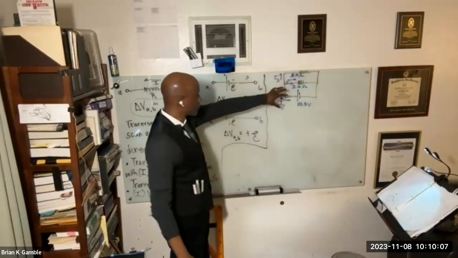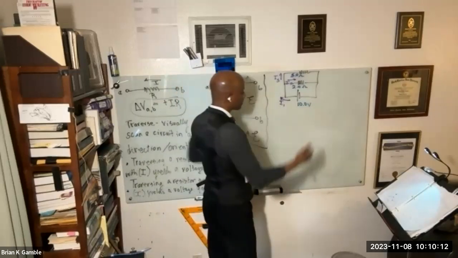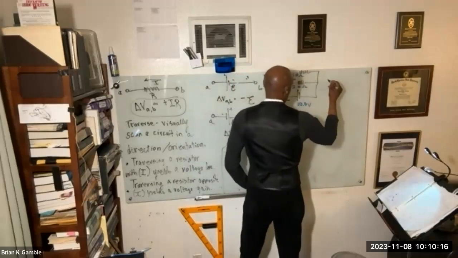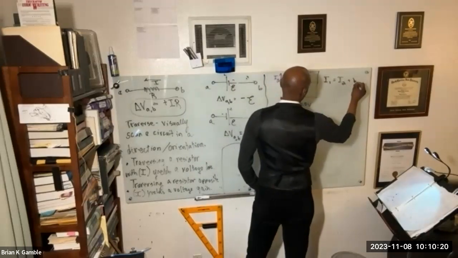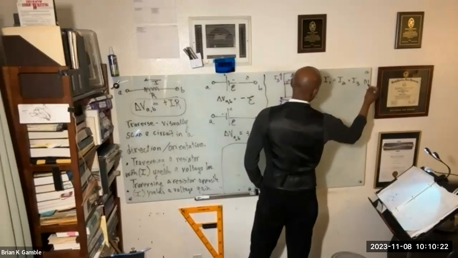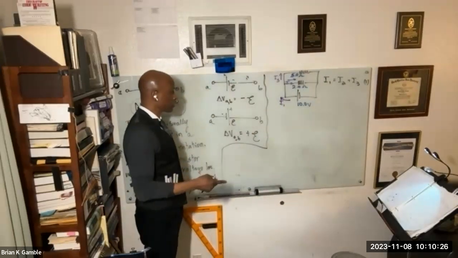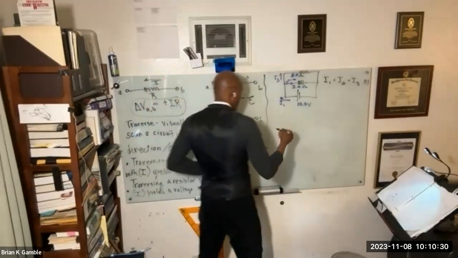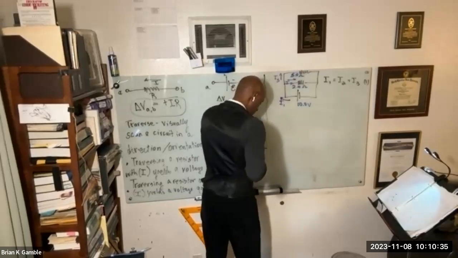Out of this circuit you're only going to get one current rule, because you have two nodes. And that is that I1 equals I2 plus I3. So that's my first equation. Now I'm going to use Kirchhoff's loop rule to get the other two equations. And I've got three possibilities. I've got the inside loop here that I can do.